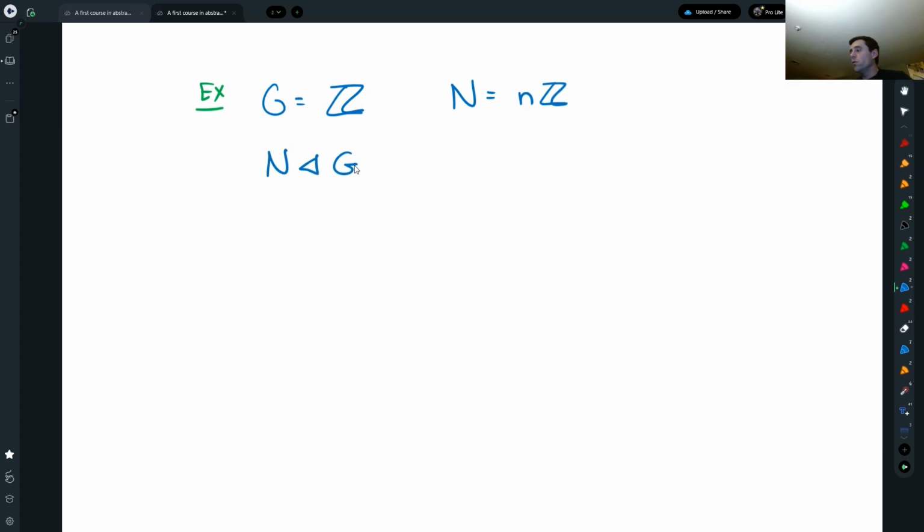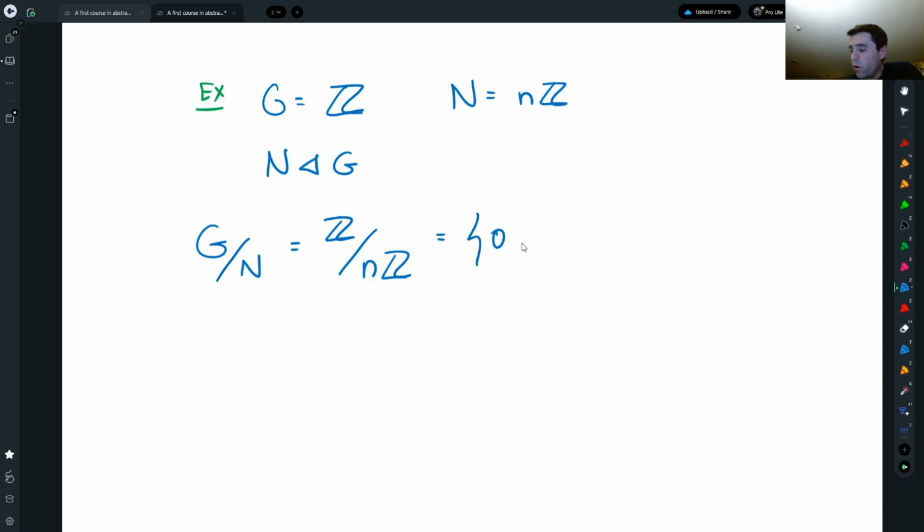So I want to figure out what is the quotient. Then what is the quotient of the integers modulo nZ? Well, it is in fact the integers modulo this subgroup. You can see the notation already tells you what it's going to be. It's Z modulo n. In this incarnation of Z modulo n, it is the quotient, so it is cosets.